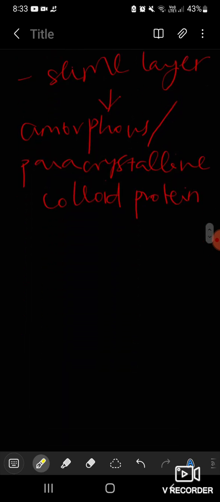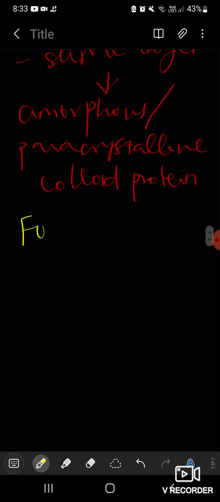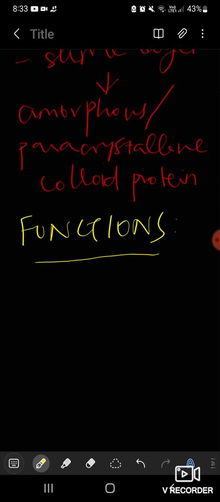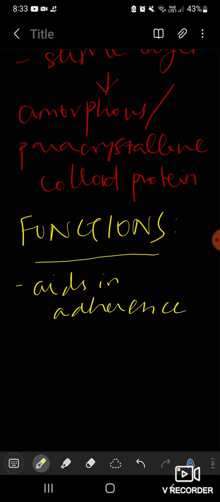So then moving on to functions. So functions are similar to the pili. It aids in adherence, it prevents desiccation.